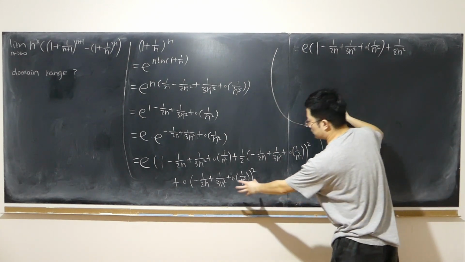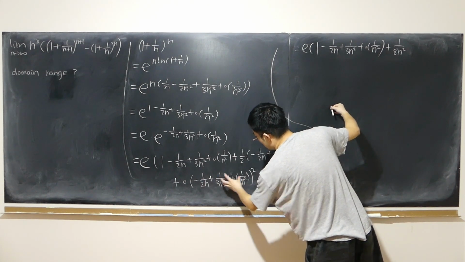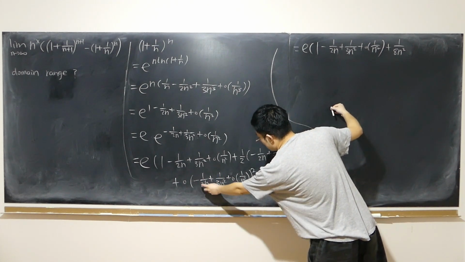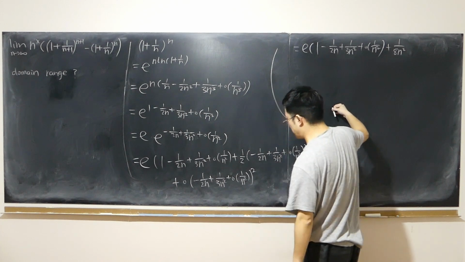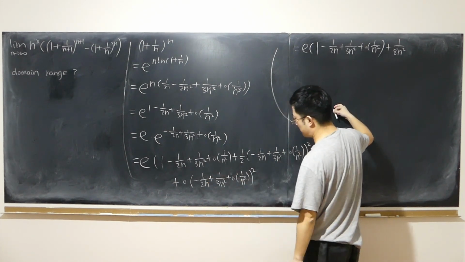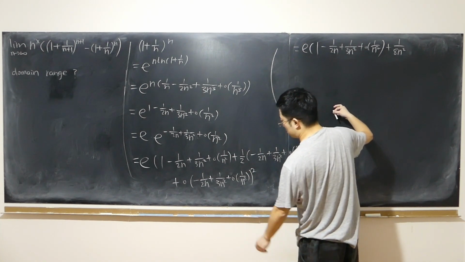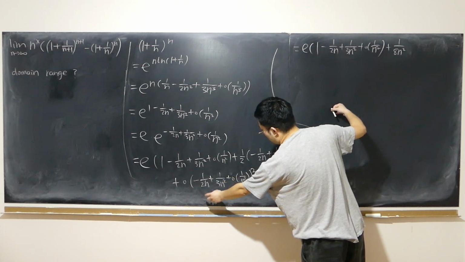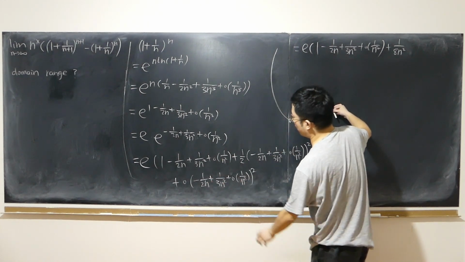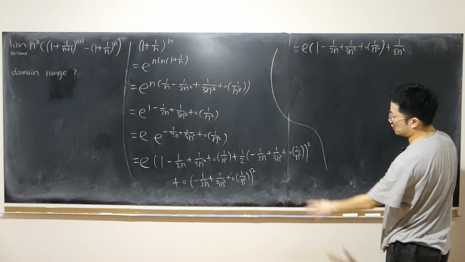The same goes for this term: the first term is 1 over 4n squared, and the other terms all approach 0 faster than that, so I don't worry about them. I can just treat them as little o of 1 over n squared. Put it in here, so this is all I have.